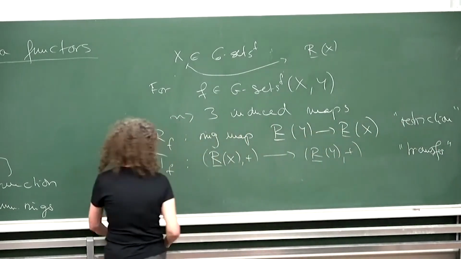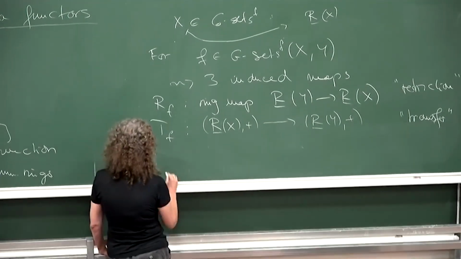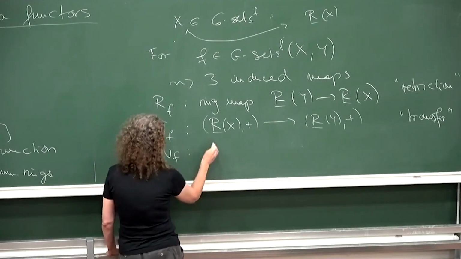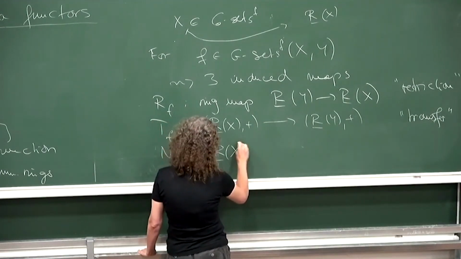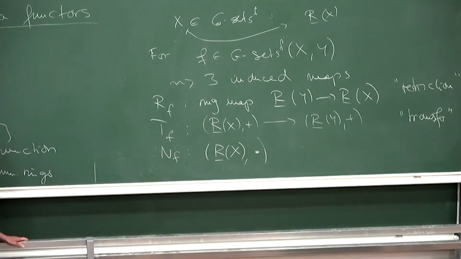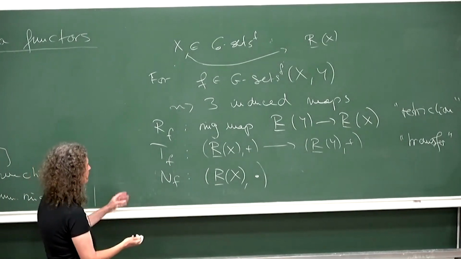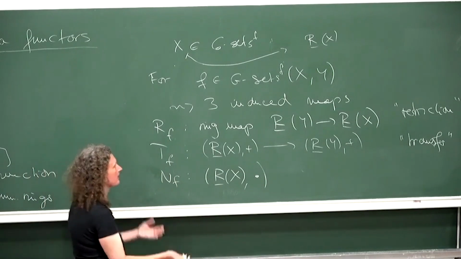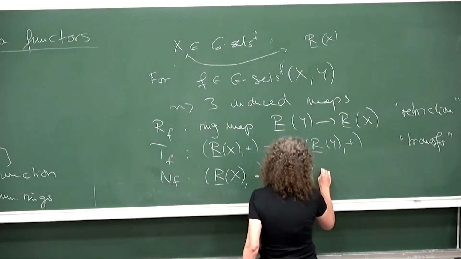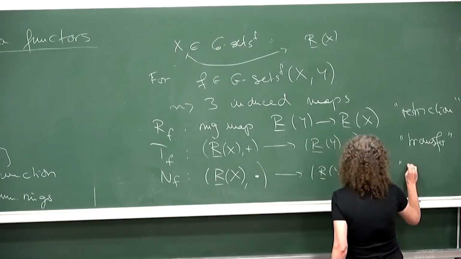And last but not least, the norm, also going with the flow. But this is a multiplicative map, and unless you're in very special circumstances, it's not additive. So in particular, this doesn't induce a map of abelian groups, so there are some hiccups caused by this. So this is the norm.